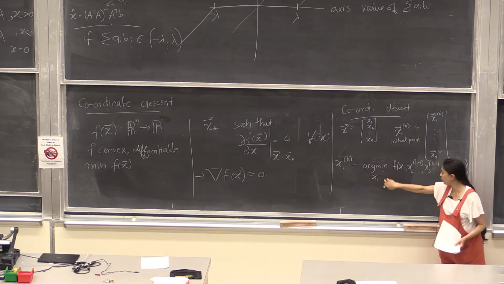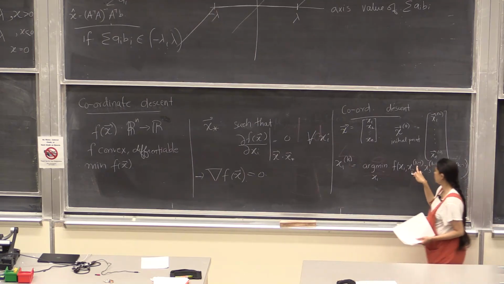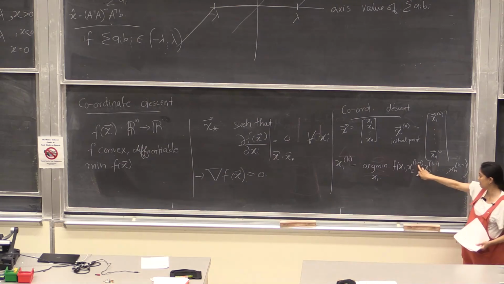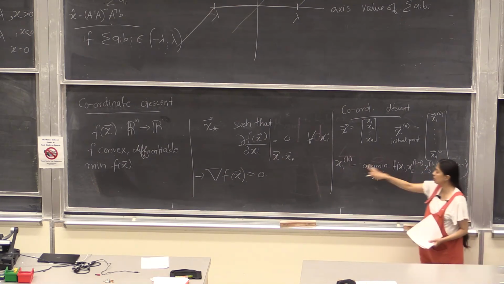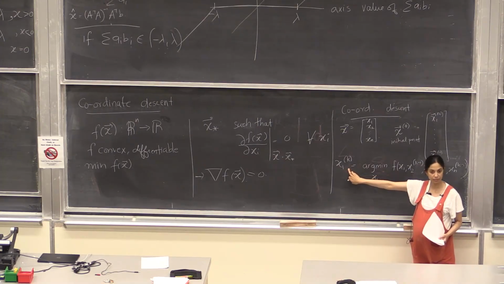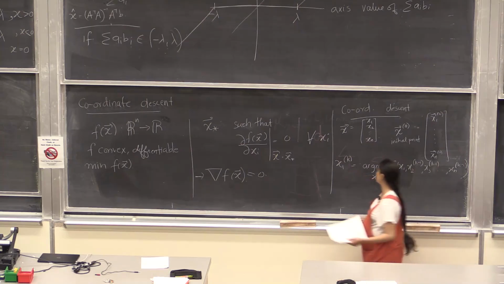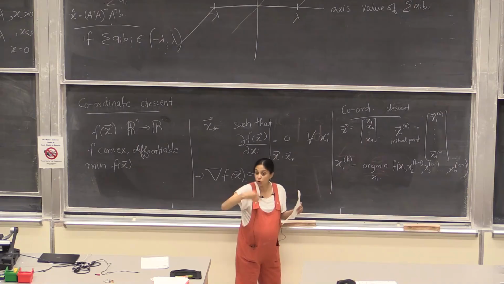So I have argmin over x1 of this thing. This is basically I take everything at the k minus 1th time to give me the next thing at the kth time, okay? Once I do this, I say, okay, now I have my new x1.